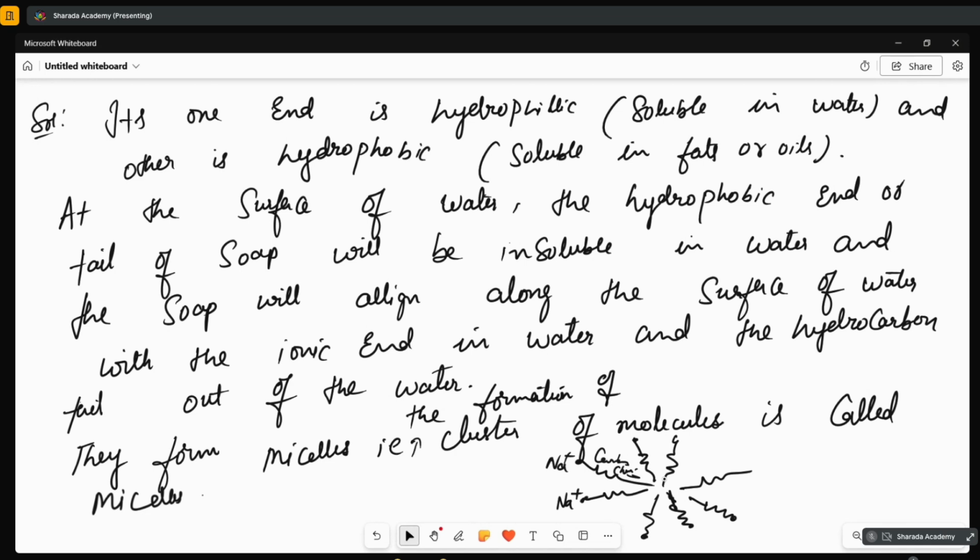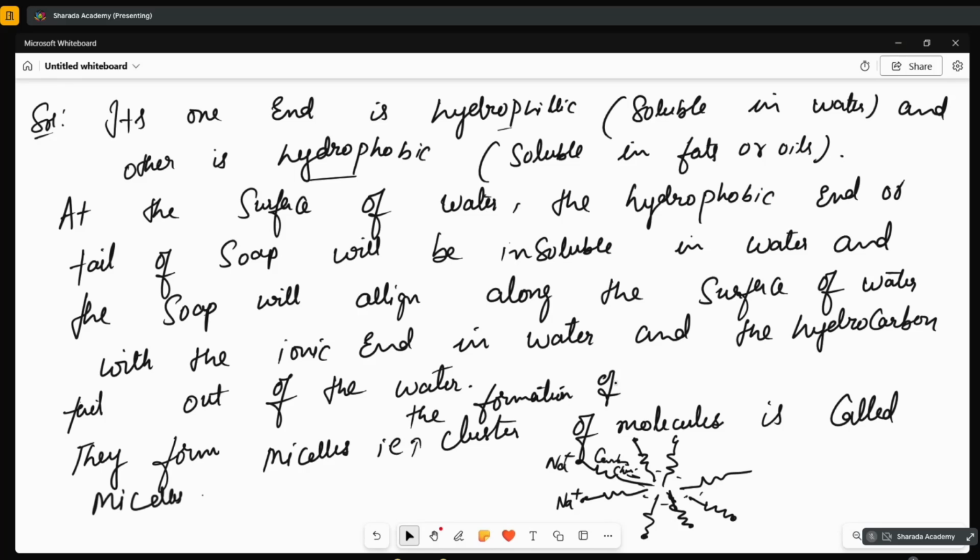Because of this special property of hydrophilic and hydrophobic, all the negative ions will be oriented in the same direction, so they repel each other. Once you rinse the clothes, they will be removed easily.